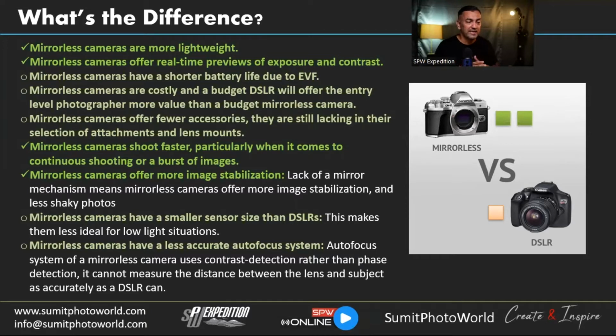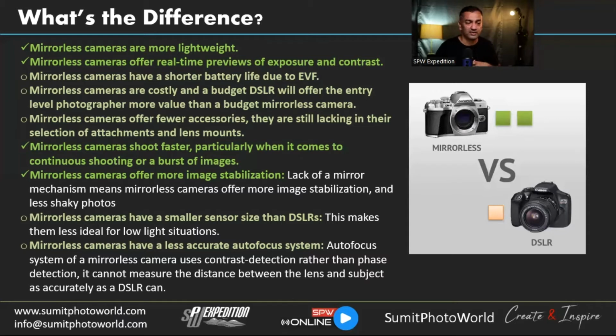So when I say like this, it means if you are new into photography, I advise going for a budget DSLR camera instead of a budget mirrorless camera, because a budget mirrorless camera still has a higher cost compared to a budget DSLR, and you will have a lot more features in a budget DSLR.